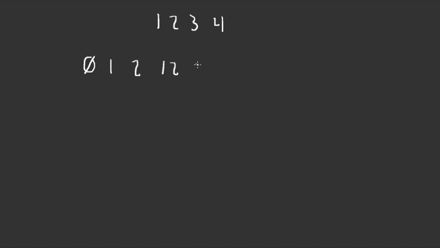Then you choose 3. Sorry, I don't know what happened with that 3, it looks horrible. Every time you add a new element, you combine it with everything that appeared before. So if we combine 3 with 1, we have 1, 3. 3 with 2, we get 2, 3. 3 with 1, 2, we get 1, 2, 3.